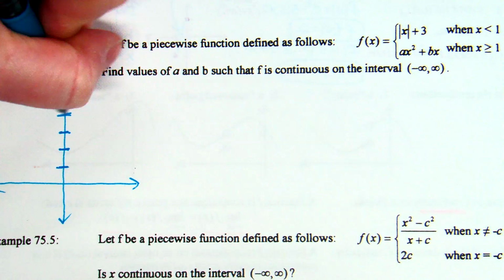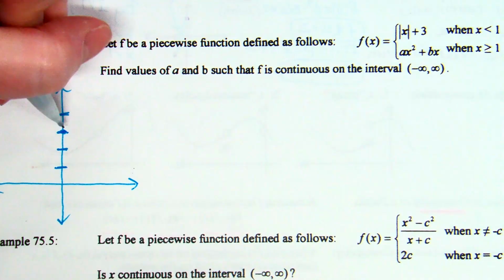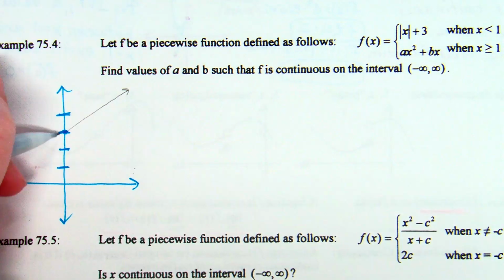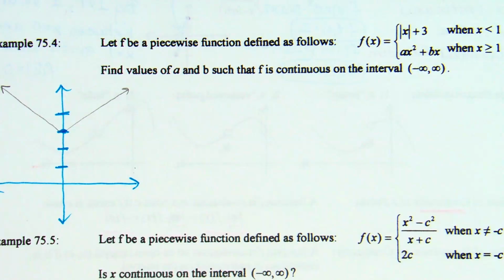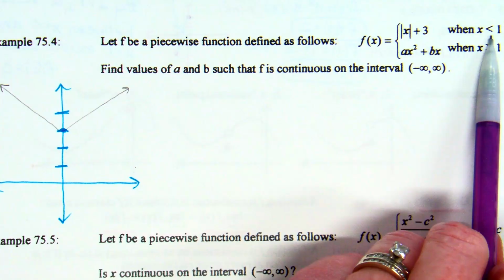So generally speaking, there's my absolute value v, yes? But where is that absolute value of x plus 3 defined for? It specifically said when x is less than 1.